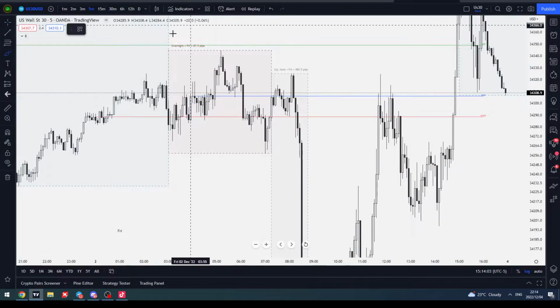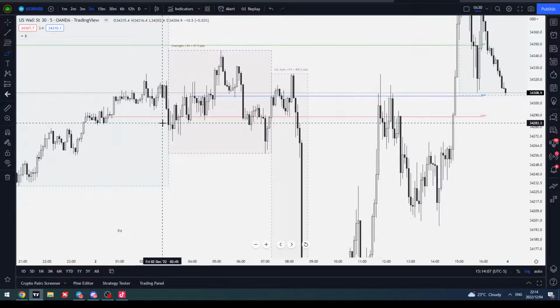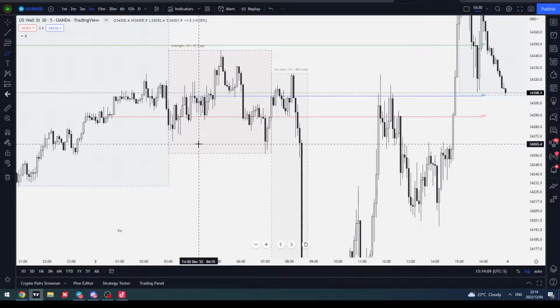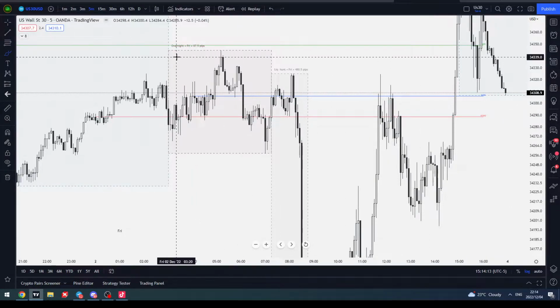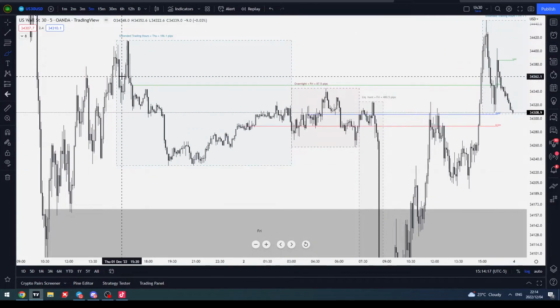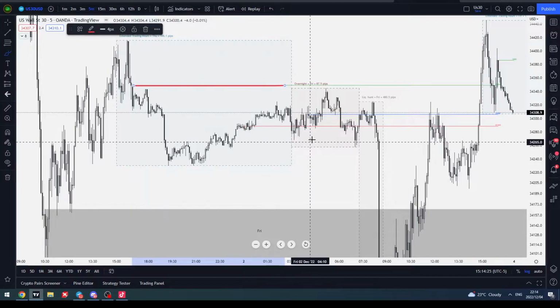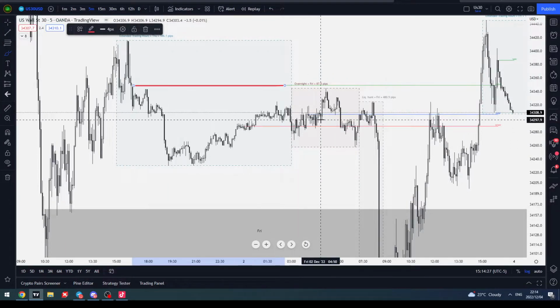So the area in here is 4 p.m. to 4 a.m. This is the area in here. This is the opening of the range, and this was the closing here.